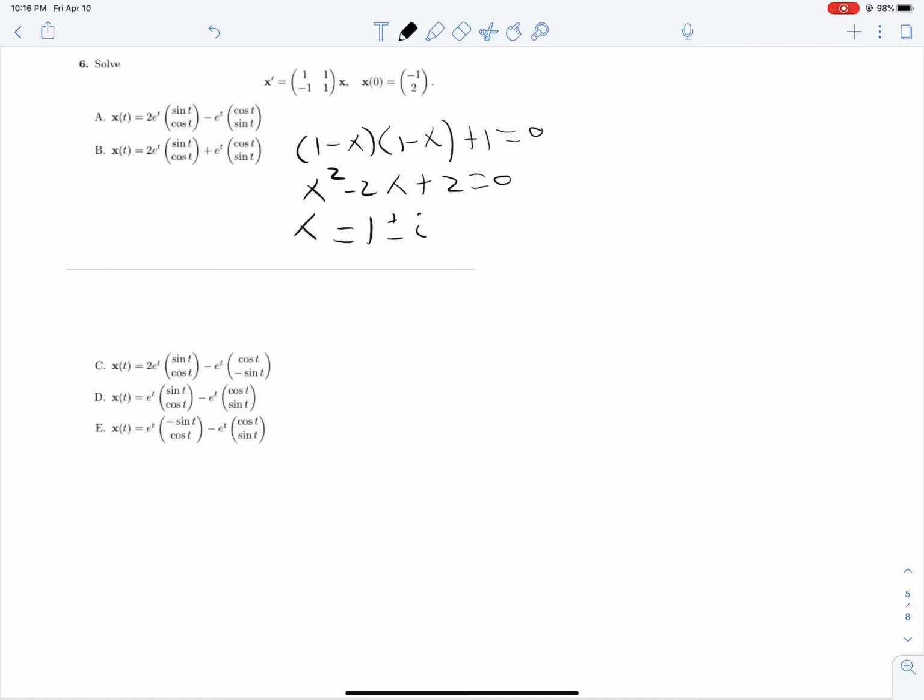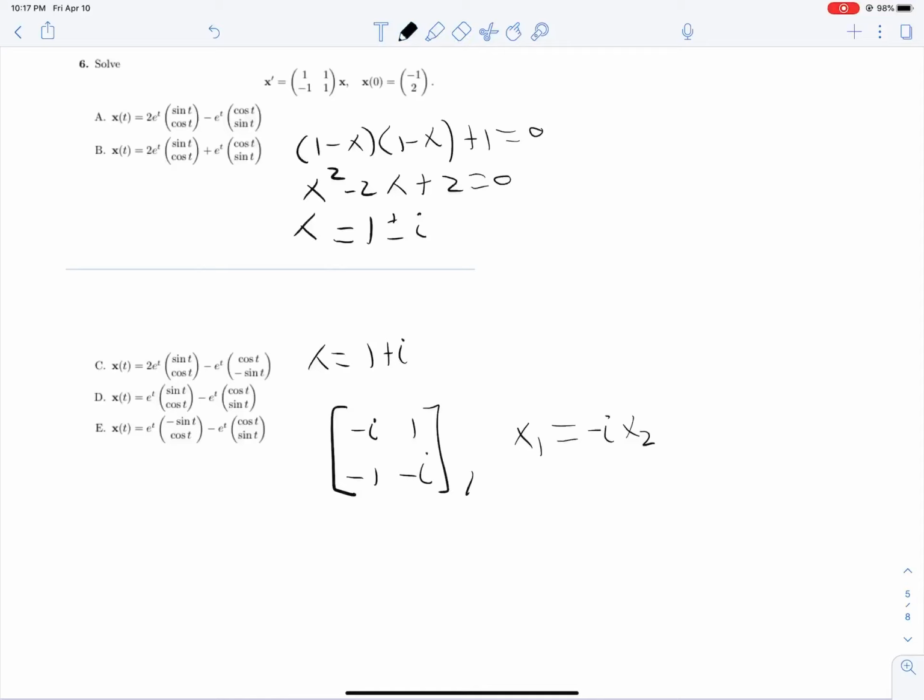So taking lambda equals 1 plus i, we can write A minus lambda I as negative i, -1, 1. And extracting an eigenvector, let's just look at what this second equation is saying. This is saying that negative x1 is equal to i x2, or x1 is equal to negative i x2.